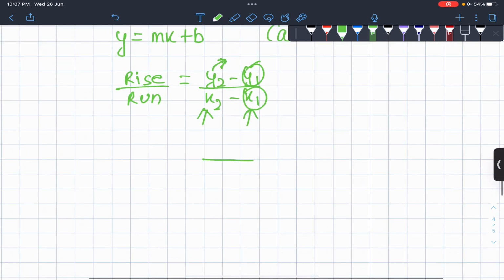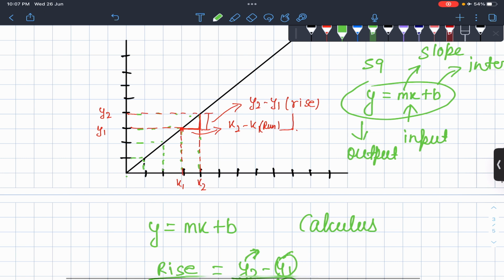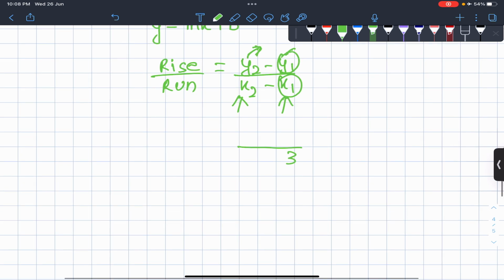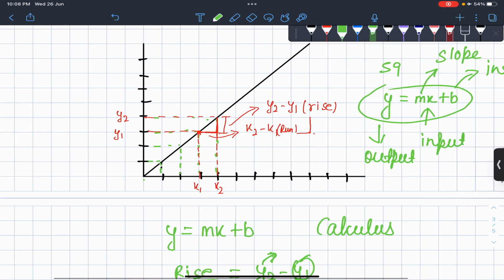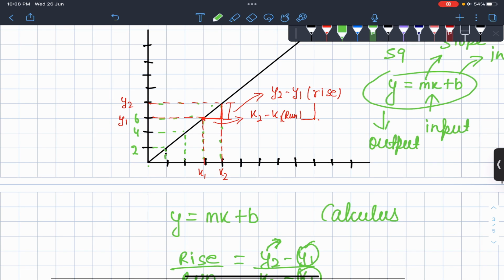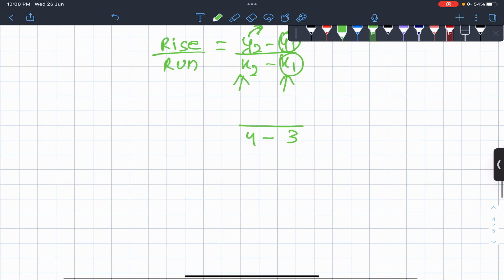And what is x2? 0, 1, 2, 3, 4. It is 4. Suppose the y values are 2, 4, 6, then 8. So this is 6 and this is 8.